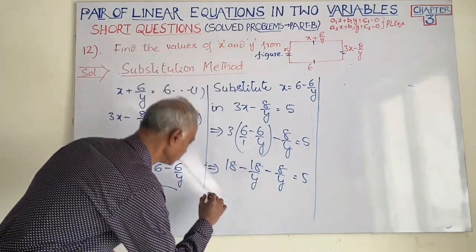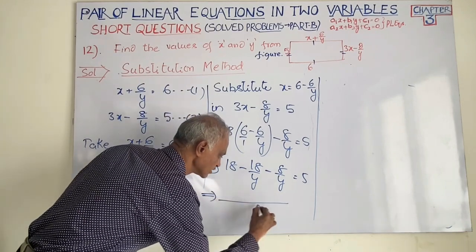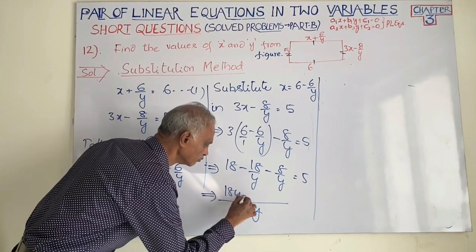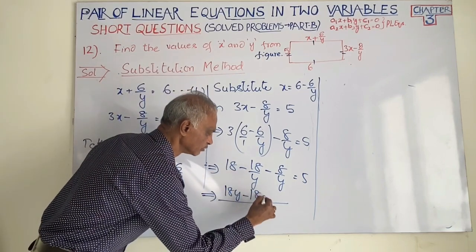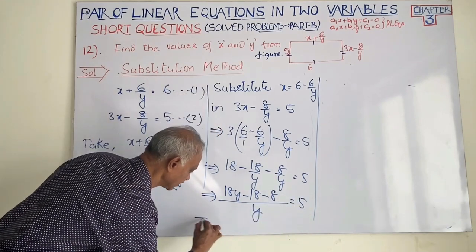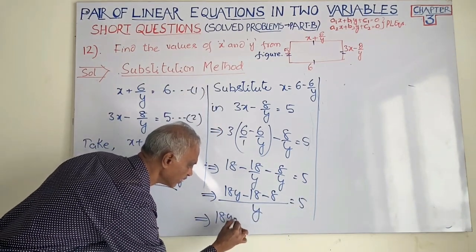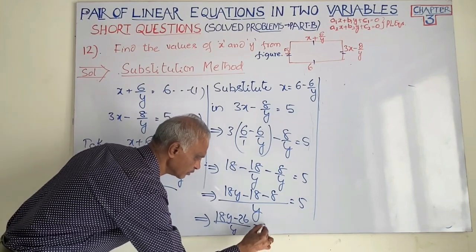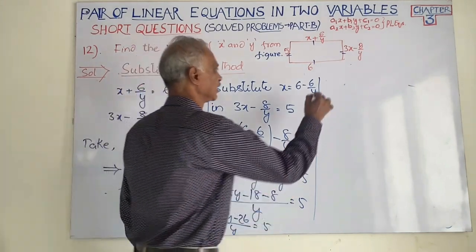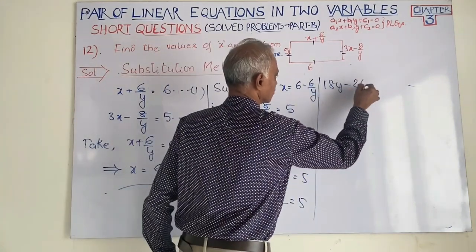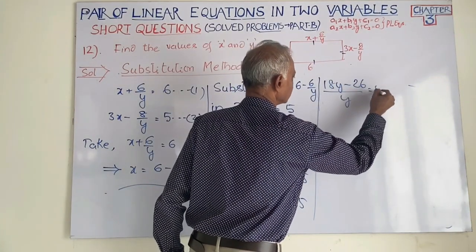Now take LCM, which is y. 18 into y, 18y minus 18 minus 8 is equal to 5. It can be written as 18y minus 26 by y is equal to 5.